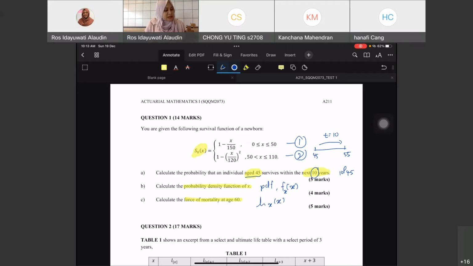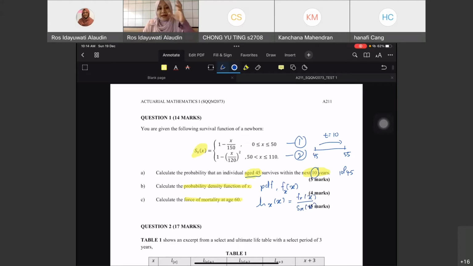What is the formula for the force of mortality? It is the PDF divided by S(x), isn't it? Am I correct? Anyone? Is it the formula for force of mortality?